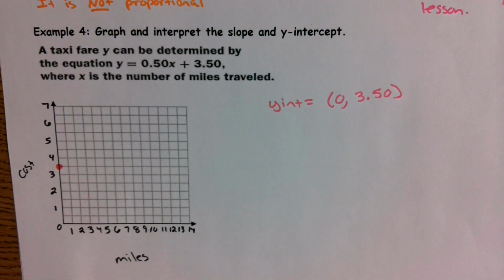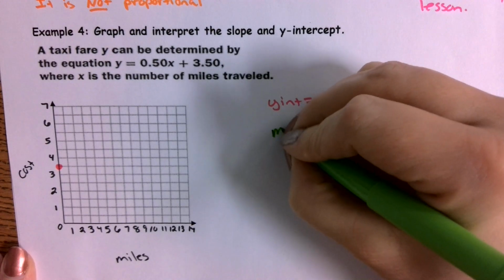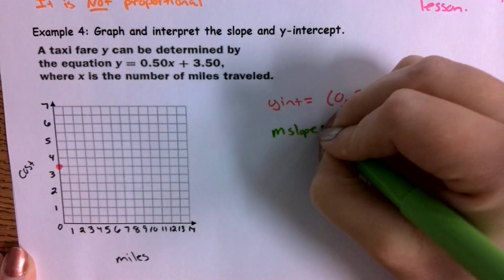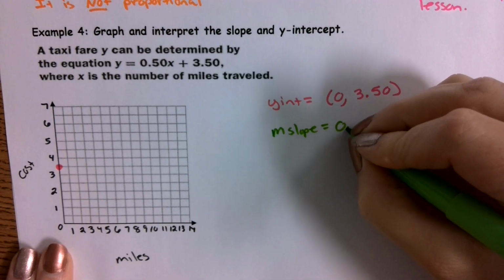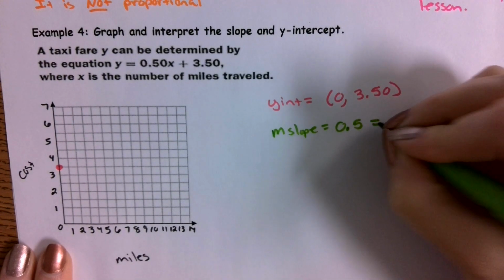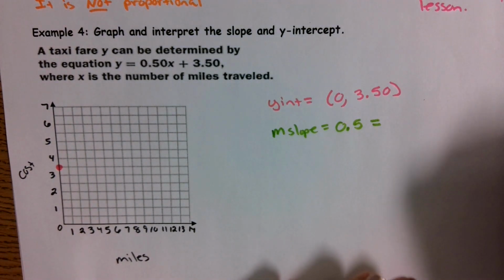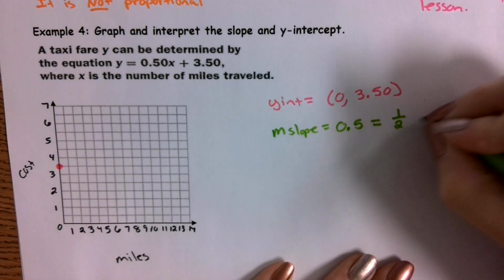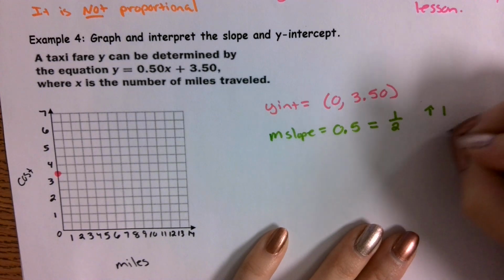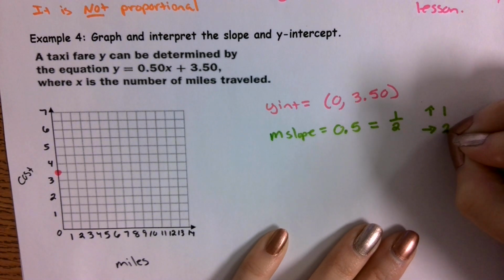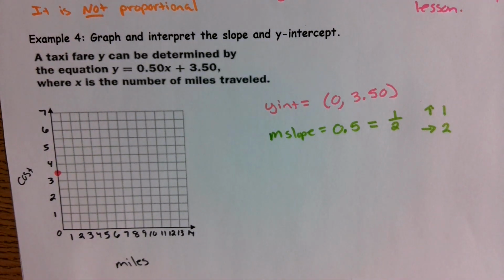Then we're going to utilize our slope. Our m value for our slope is going to be 0.5. Now remember, I told you if it's in decimal, you need to convert it to a fraction. What's the fraction look like? 1/2, right? 1 over 2, which means that you are going to go up 1 and then to the right 2. Up 1 whole, not one box. It's one whole.